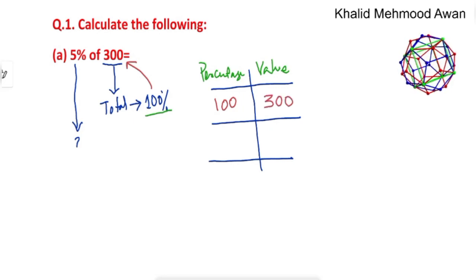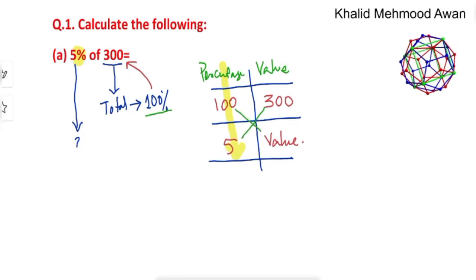Now next is 5%. So in the percentage column, we'll be writing 5% here, and its value is not given, so that we have to find. Now what we do, we'll be doing cross multiplication.